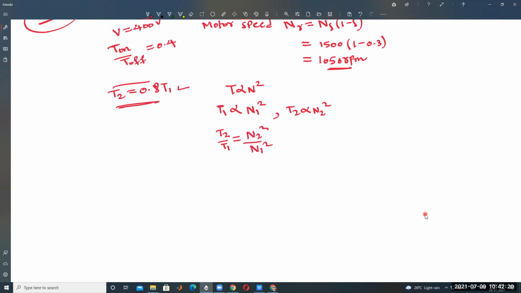So T2 by T1 is 0.8, equal to N2 square by N1, which is 1050, whole square. We need to find N2.